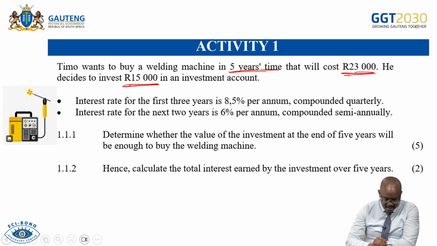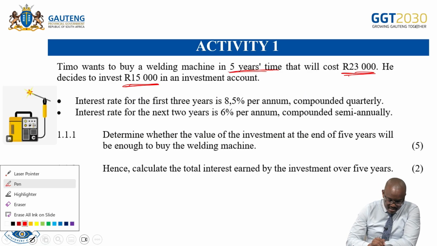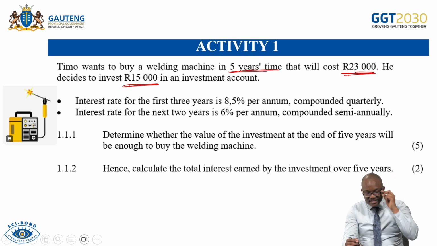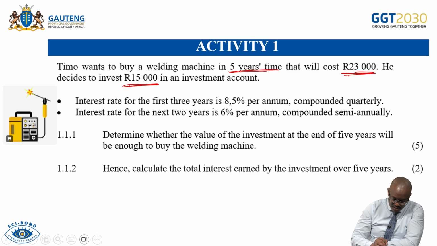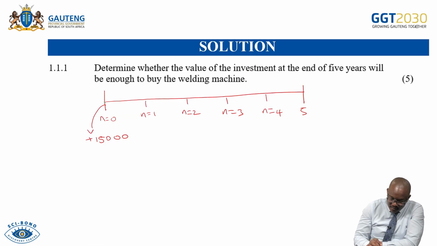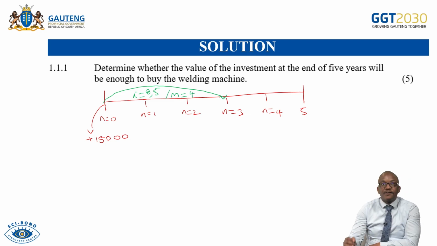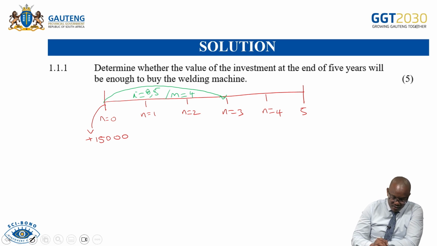Then the first bullet says the interest for the first 3 years was 8.5% per annum compounded quarterly. It means from year 1 up until the 3rd year, your interest is 8.5%, and it's compounded quarterly, which is 4. That's how we analyze our situation there.